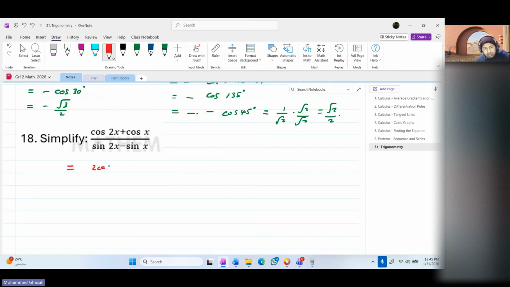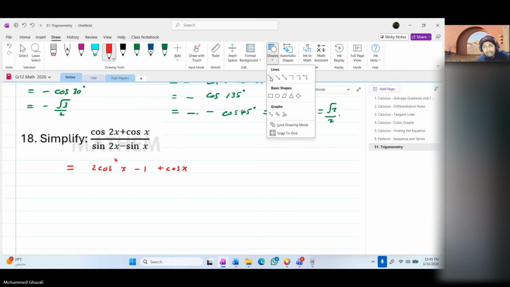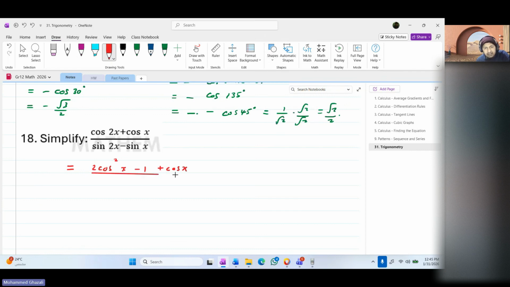So you got 2 cos squared x minus 1 plus cos x, divided by 2 sine x cos x minus sine x.